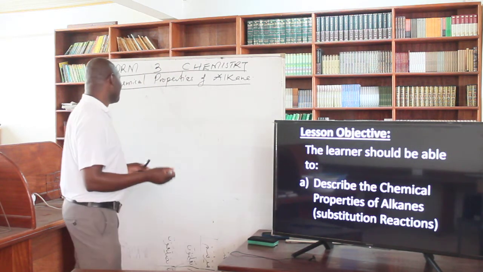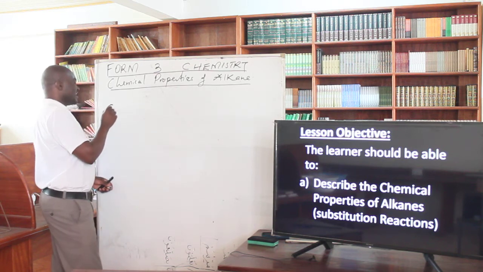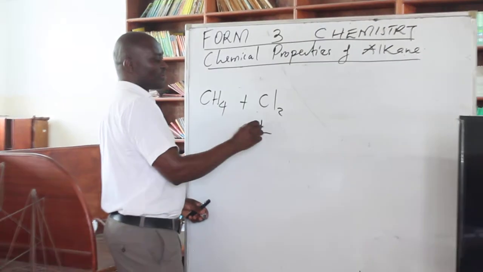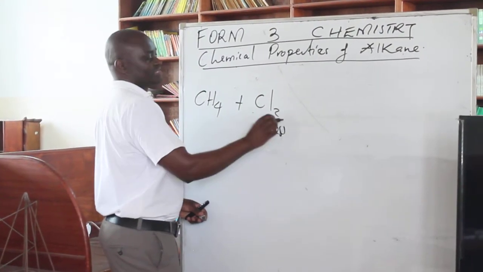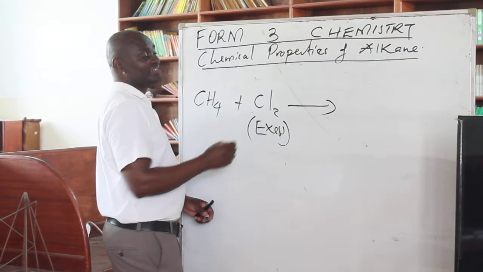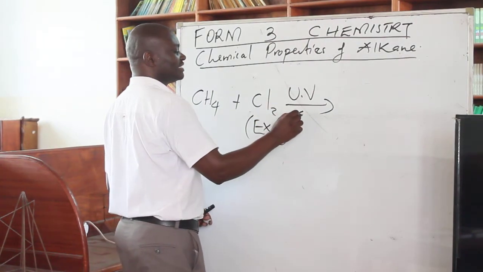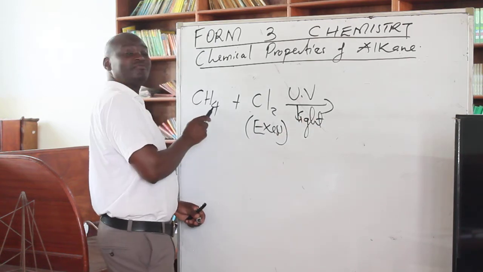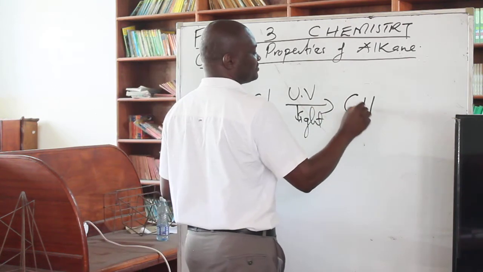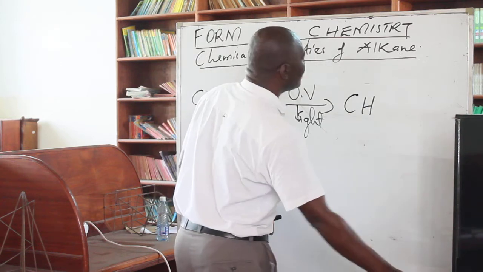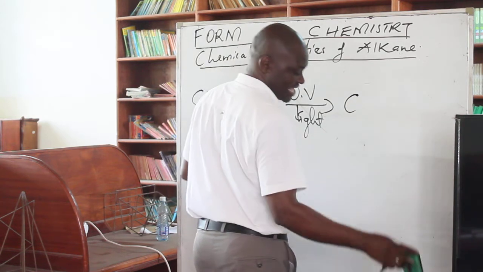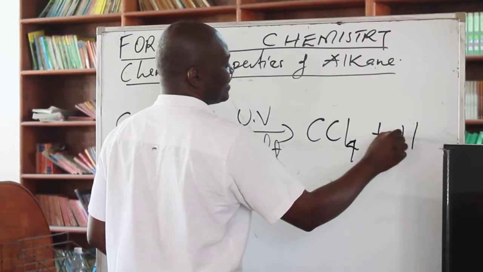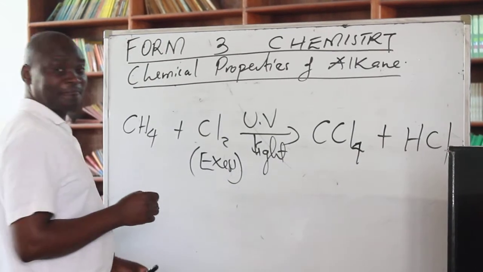We said that if you have methane plus excess chlorine, then in the presence of UV light, all the four hydrogens are substituted, and the other product is hydrogen chloride.